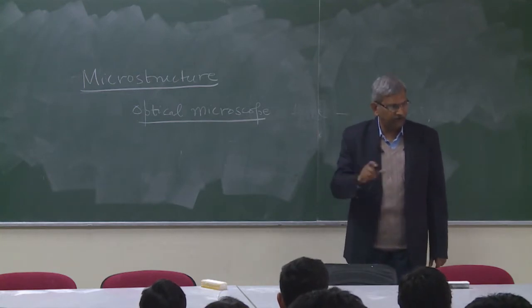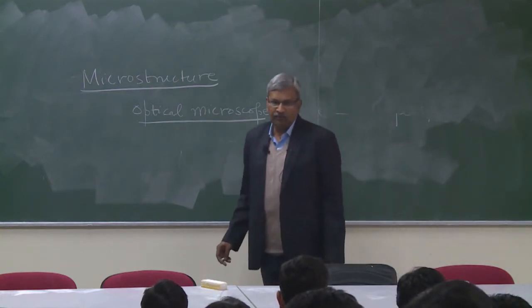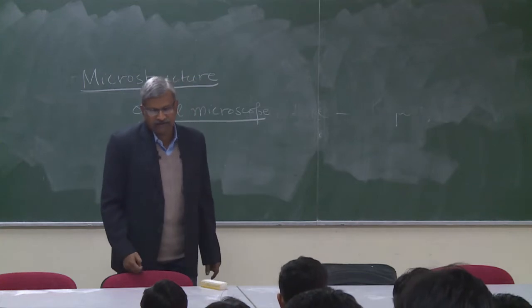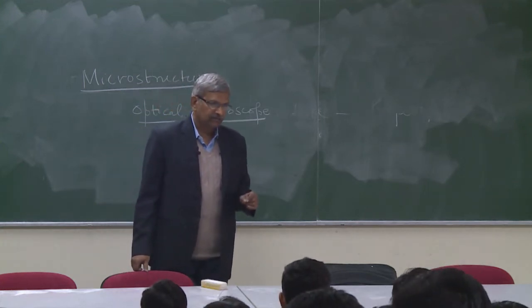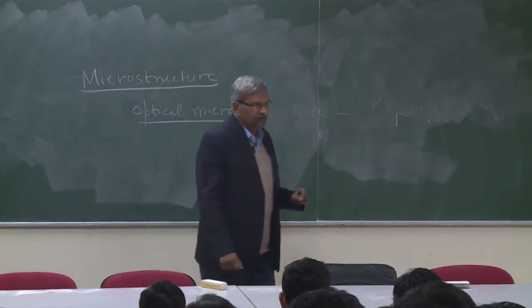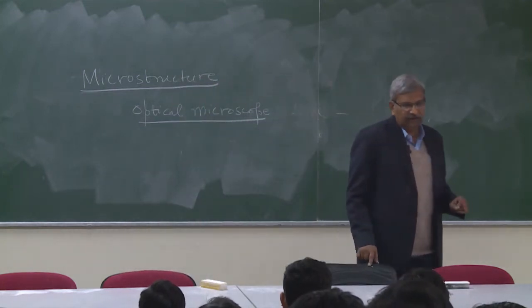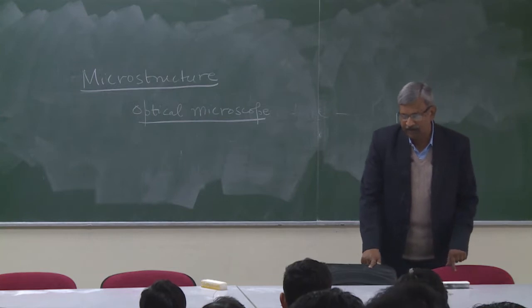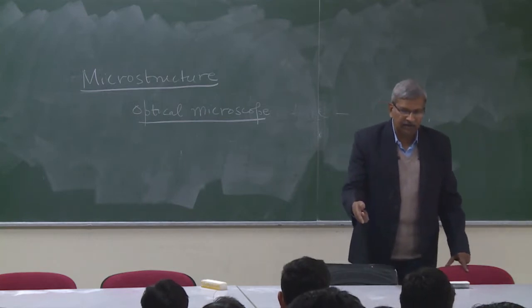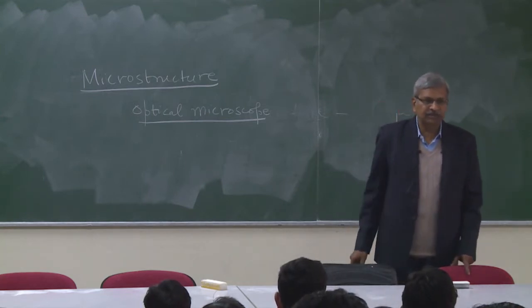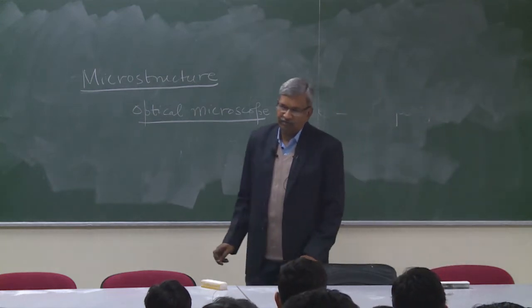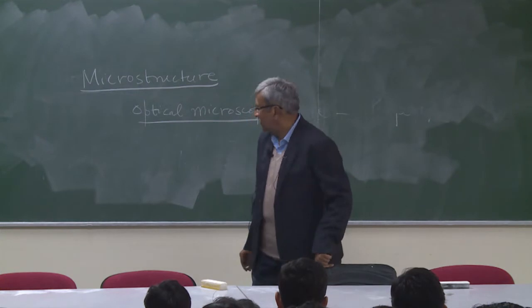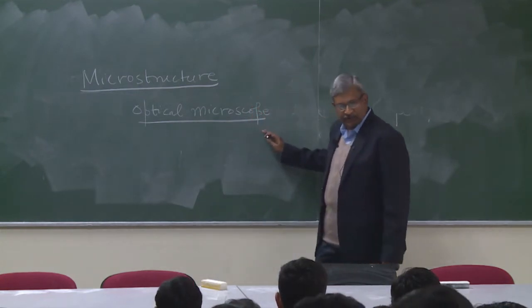And what is the limit of that fineness? We shall never go inside the nucleus until otherwise specified. When we talk of nuclear material, then only, but in this class we are not going to cover anything related to nuclear material. So, you come back to optical microscope.